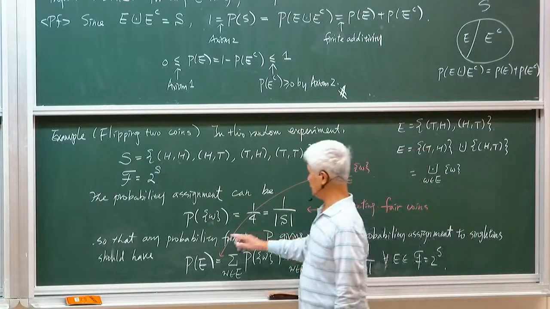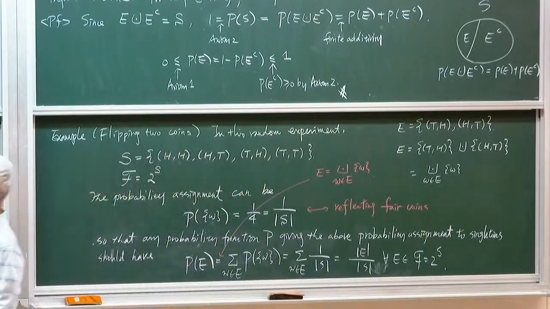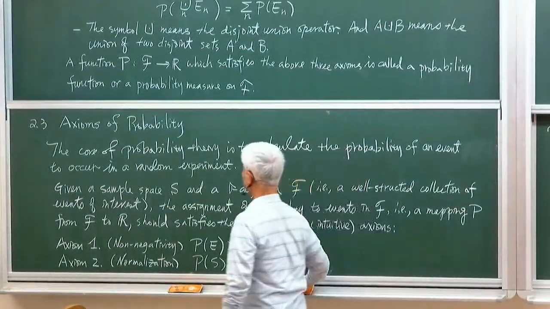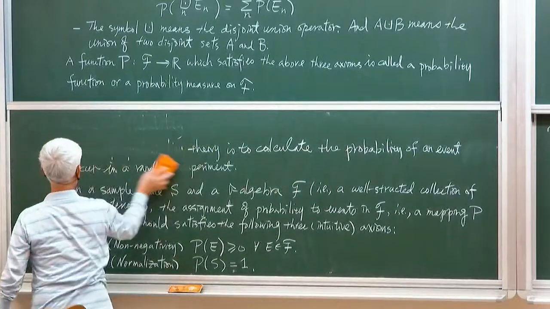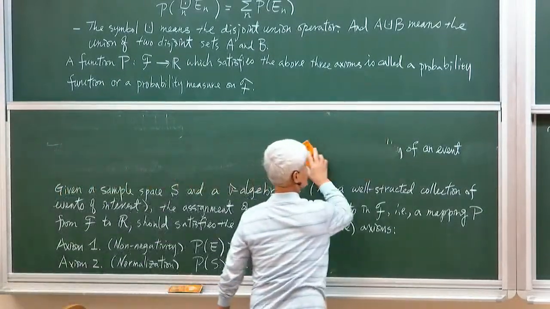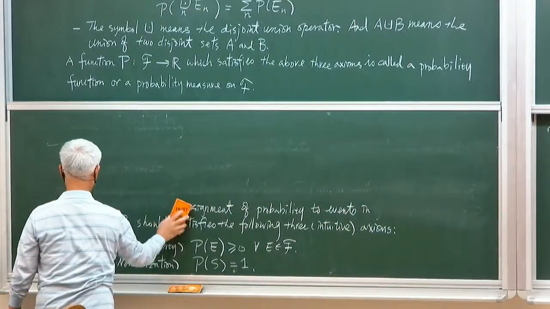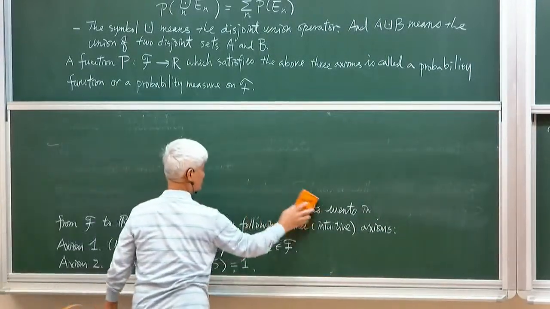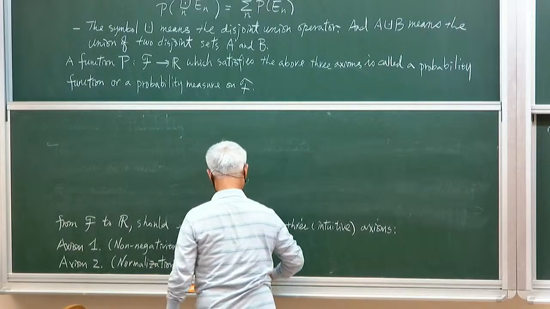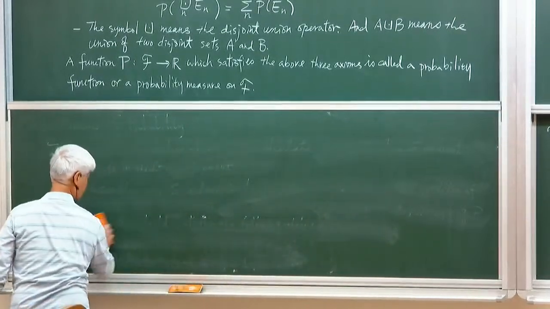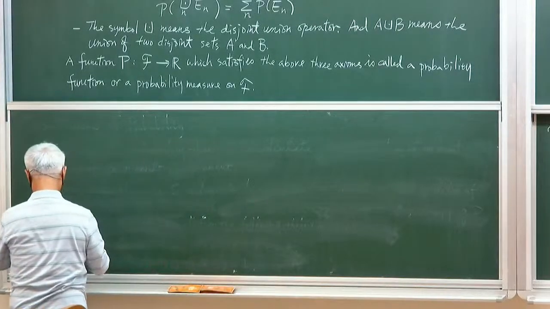Which means, do we have a probability function satisfying the three axioms? Okay.